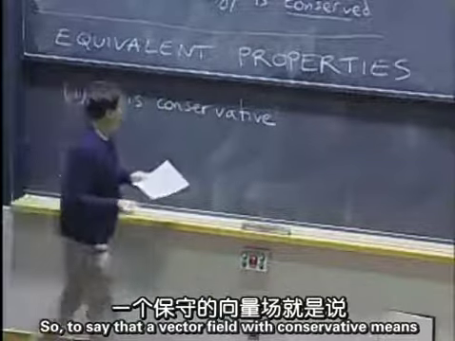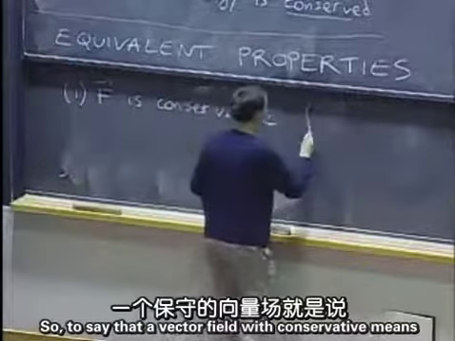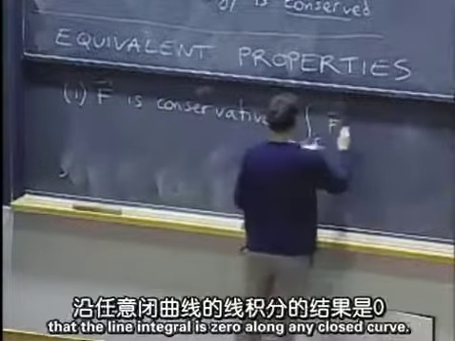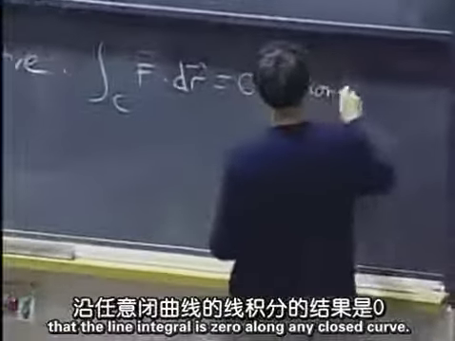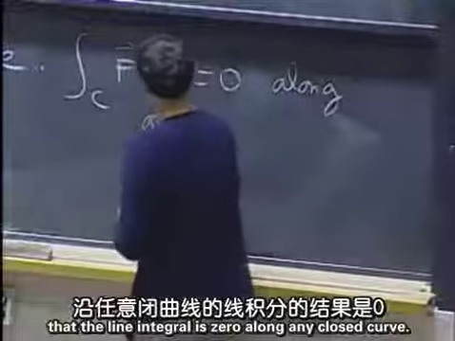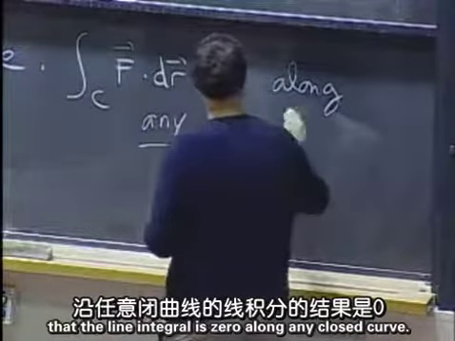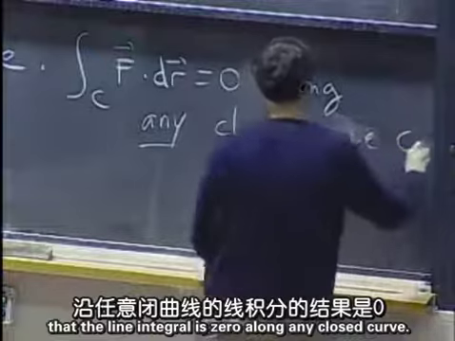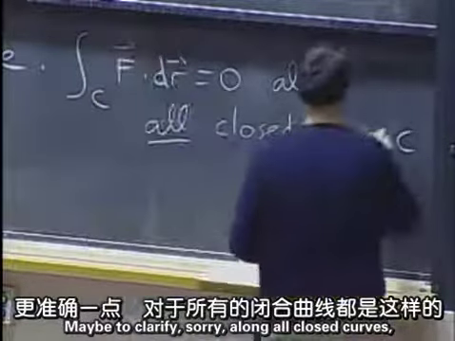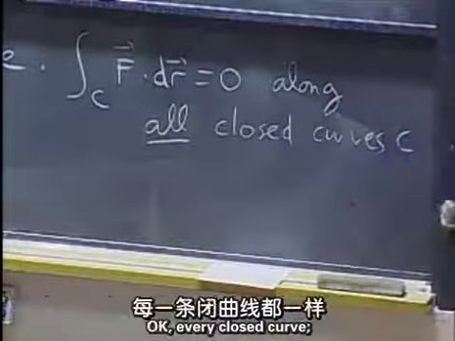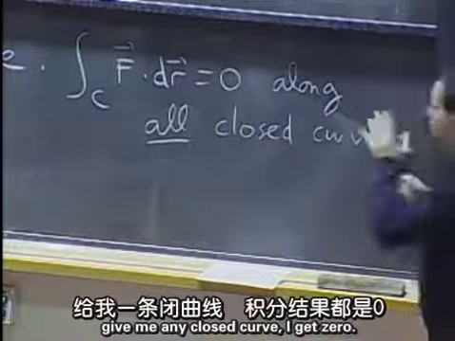So to say that a vector field is conservative means that the line integral is 0 along any closed curve. See, maybe to clarify, sorry, along all closed curves. Okay? Every closed curve, give me any closed curve, I get 0.